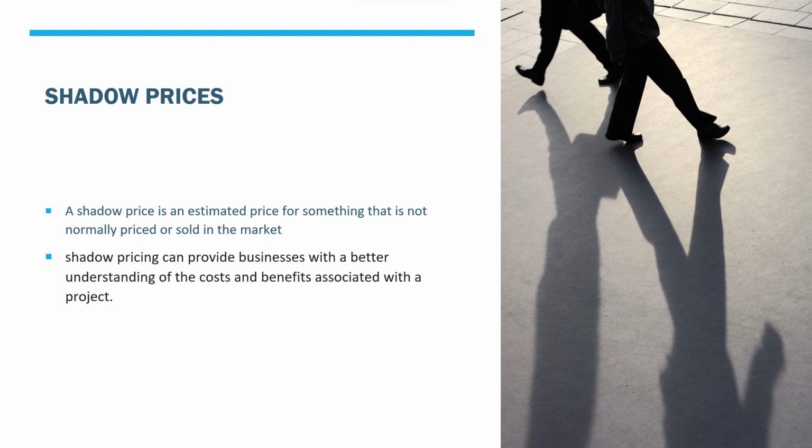Therefore, shadow pricing can provide businesses with a better understanding of the costs and benefits associated with a project. For example, if a production line is already operating at its maximum 40-hour limit, the shadow price would be the maximum price the manager would be willing to pay for operating it for an additional hour based on the benefits he would get from this change.